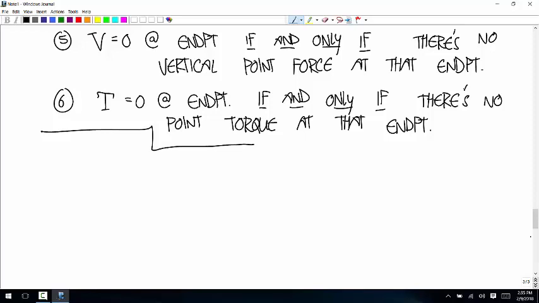Okay, so let's go through these 6 checks on the example we just did. This is the example above.